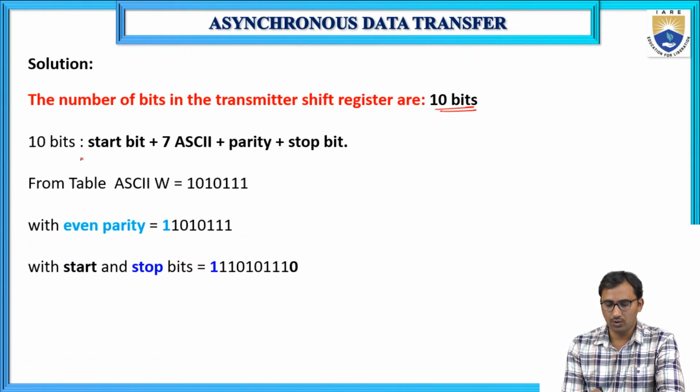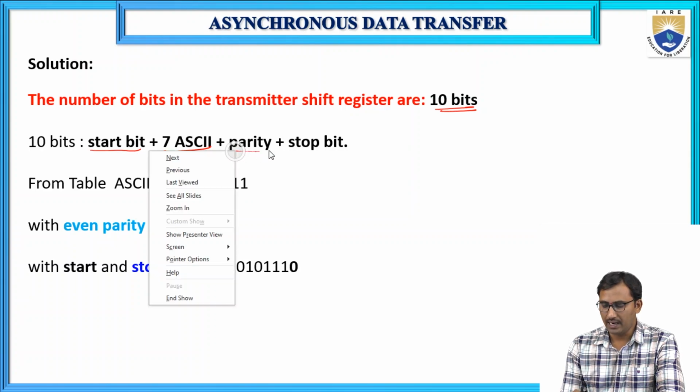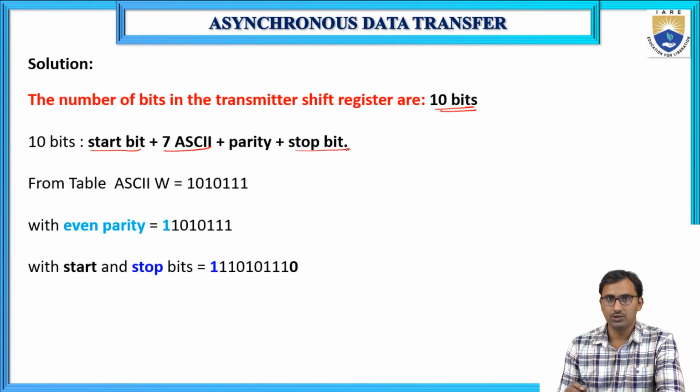So 10 bits is equal to 1 start bit, the 7-bit ASCII code, a parity bit, and a stop bit. So this is 1 start bit, 7 bits, parity bit, stop bit, so 7, 8, 9, 10. So total that is equal to 10 bits.